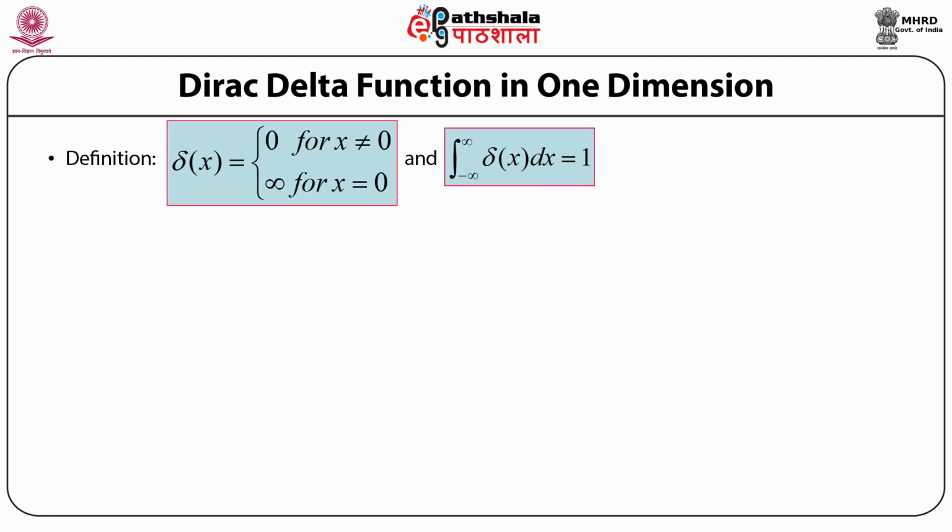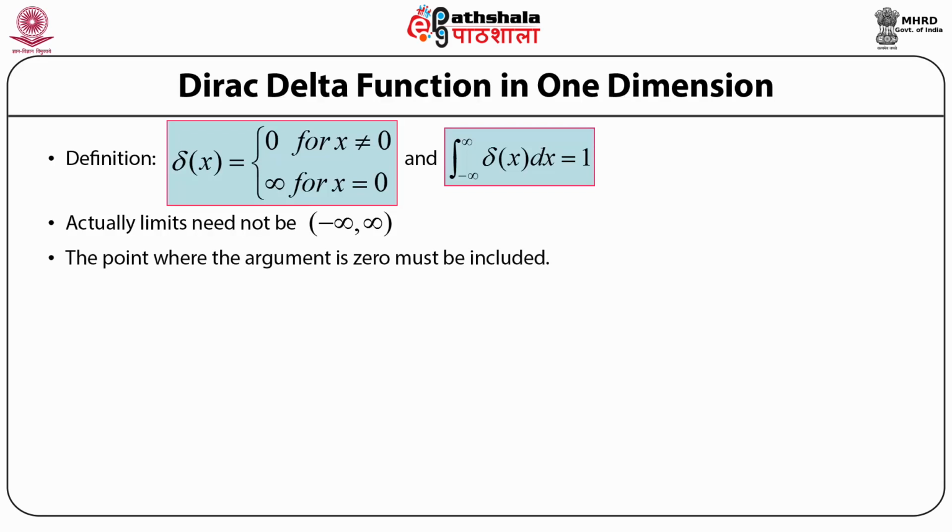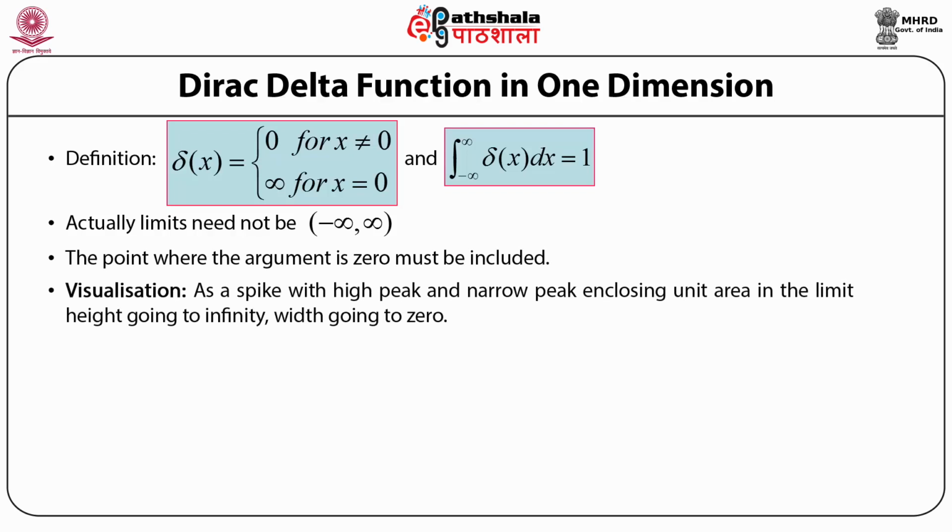Here it is important to note that the limits in the integral above need not necessarily be from minus infinity to plus infinity. What is important is that the limits of this integral must include the point where the argument is 0. And if we want to visualize this, we can think of a spike function with a high and very narrow peak.